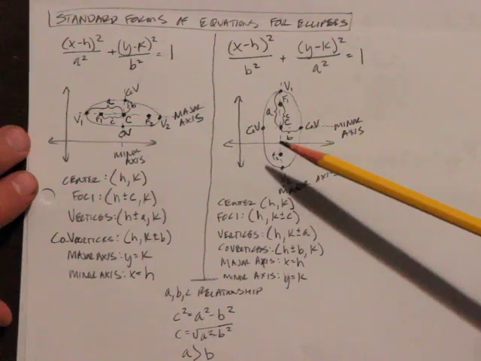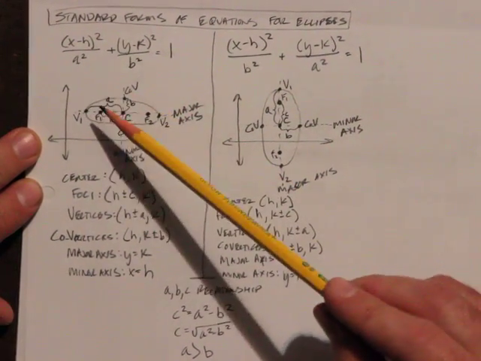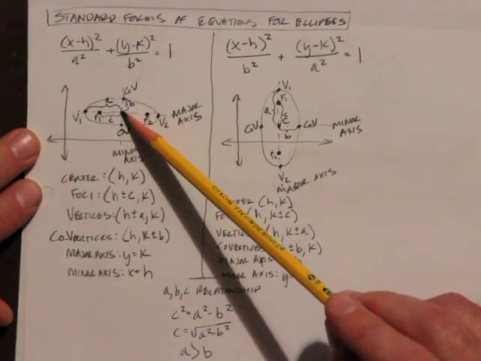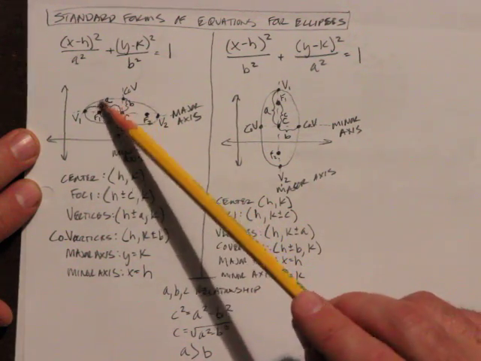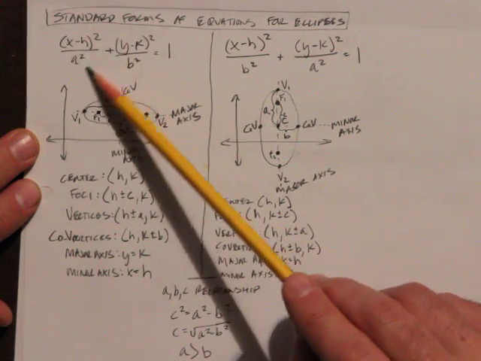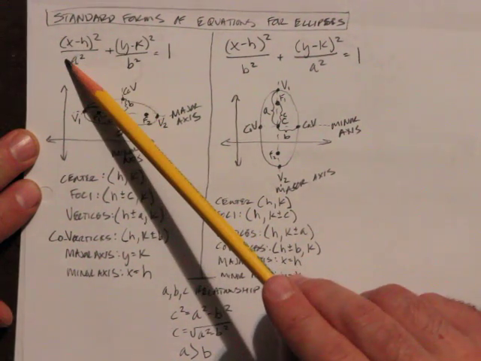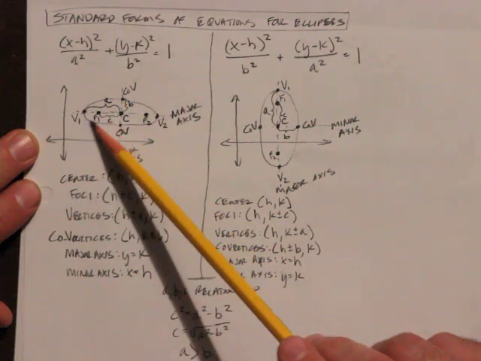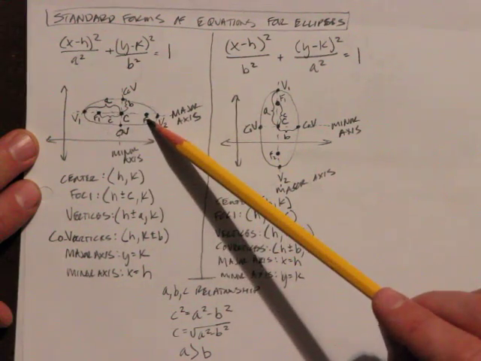In this case, this a length is the longer length, and notice how the a is with the x fraction. Since a is with the x fraction and a is the longer length, I know that my ellipse is going to be horizontally stretched this way.